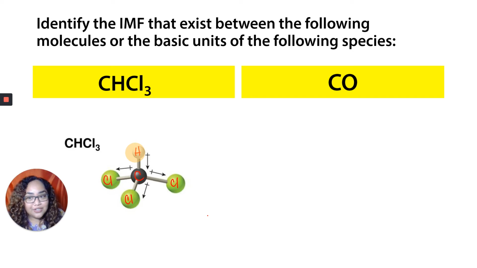So the electrons found in carbon would spend more of their time towards the three chlorines. So is there only one direction? No, there are two directions actually. So since there are two directions, there would be a polarity. So you would consider this as dipole to dipole interaction.